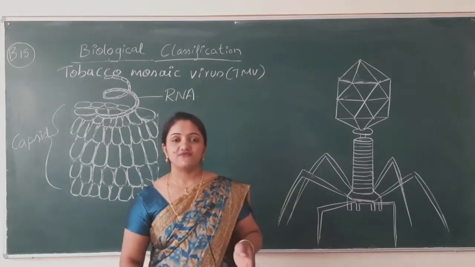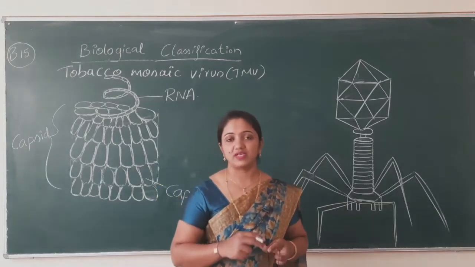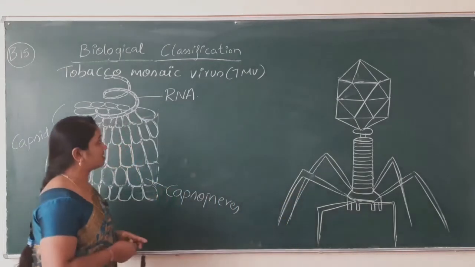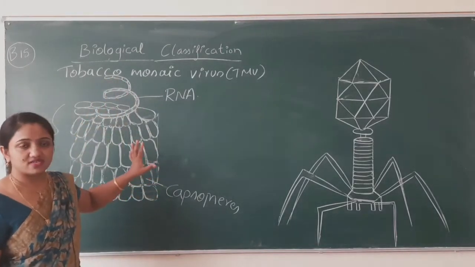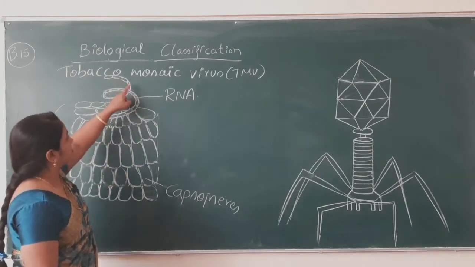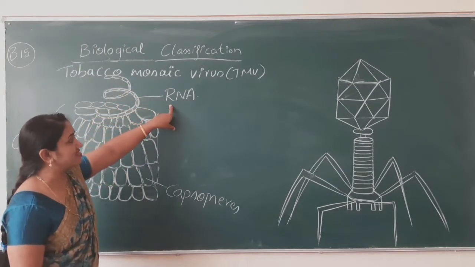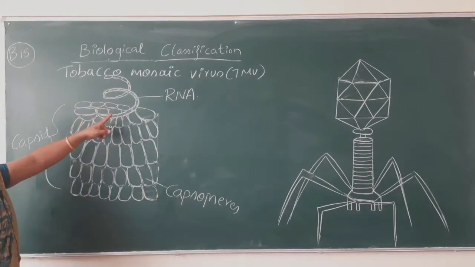So, only if they ask, they'll ask only to draw the diagram. They won't ask you to describe the structure. If they ask, no problem. Whatever the diagram, whatever the labels are there, just write it as it is. It consists of single stranded nucleic acid, that is RNA, the genetic material.